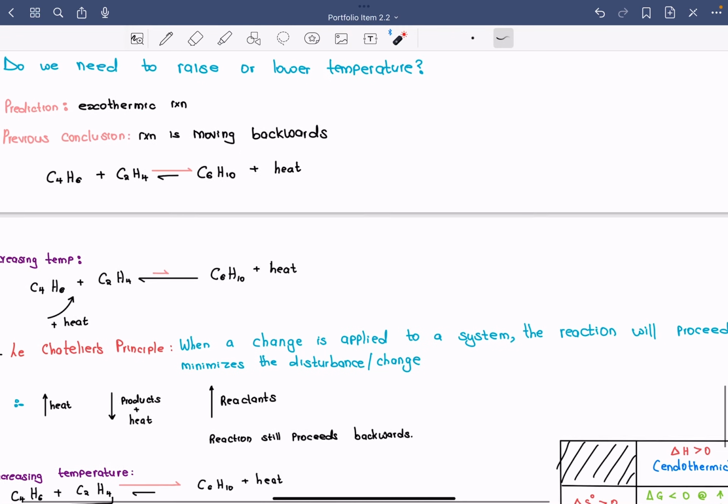Remember, this is an exothermic reaction, so we are producing heat. Adding heat, the reaction is not gonna want to produce more heat because we're already adding heat. And so our reaction will move backwards where no heat is being produced.